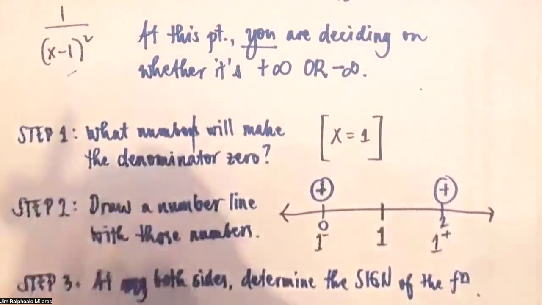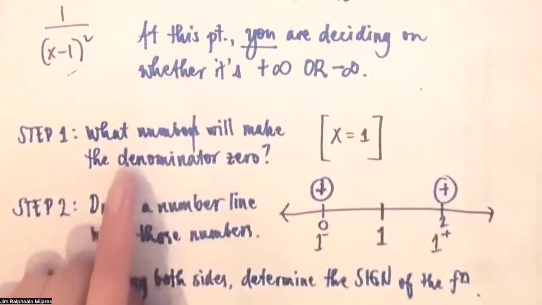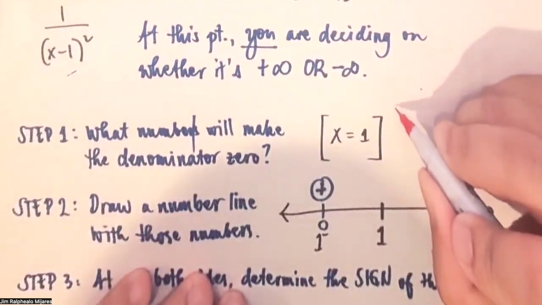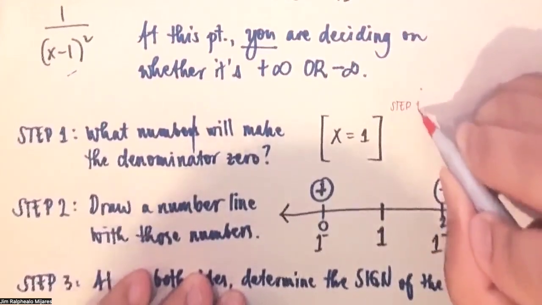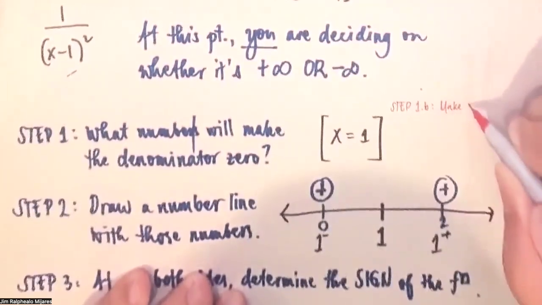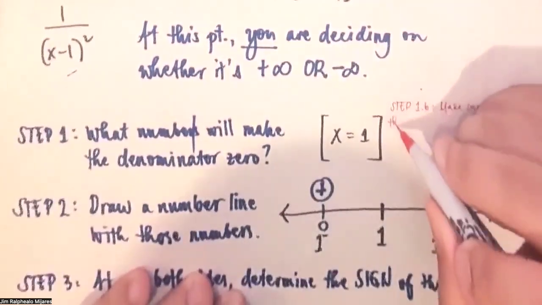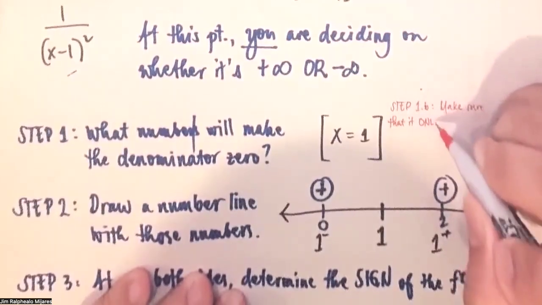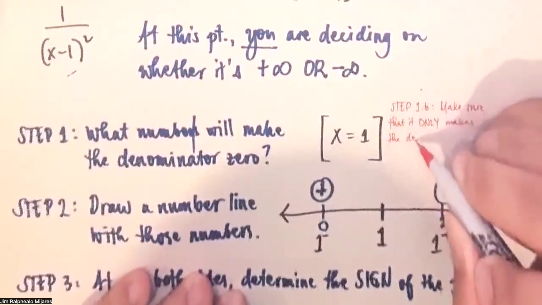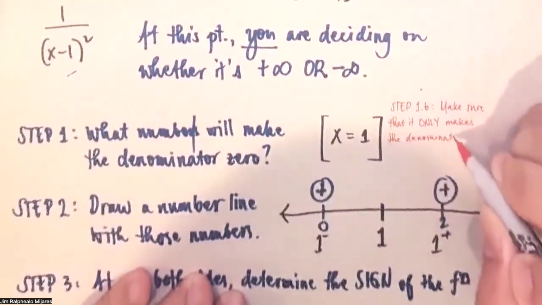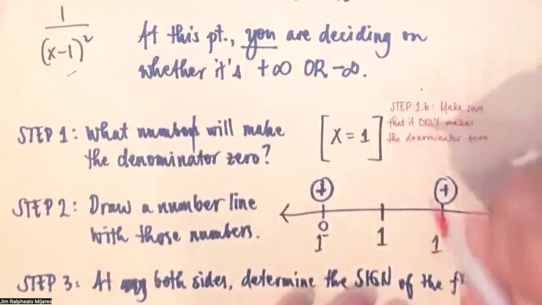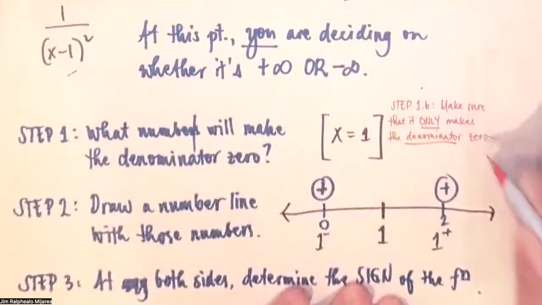But as a caveat, for step 1, I guess step 1.B, make sure that it only makes the denominator 0.